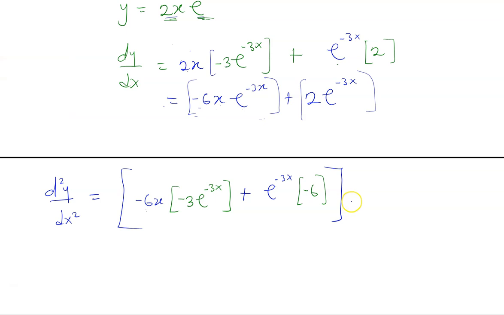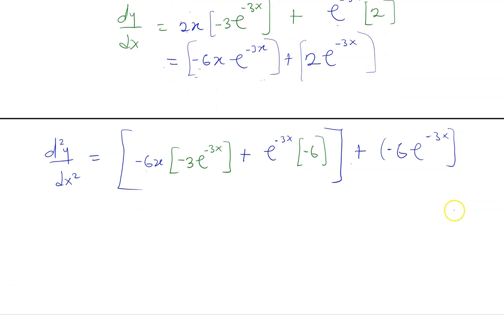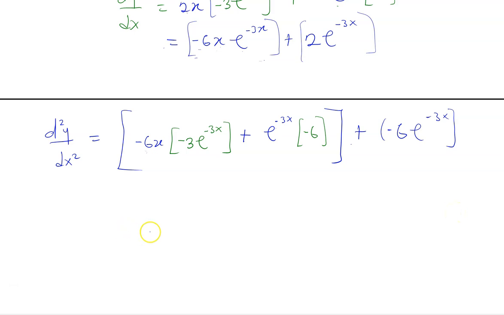Yes. So what will the second term be? It's going to be plus minus 6. Negative 3 times 2 is going to be minus 6 e^(-3x). Are you okay? Yes. So that is the final differentiation for the second term. So now we can simplify. Once you are done with the differentiation, simplification becomes easy.